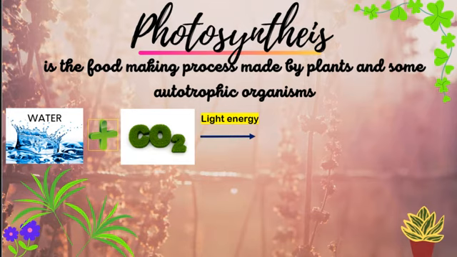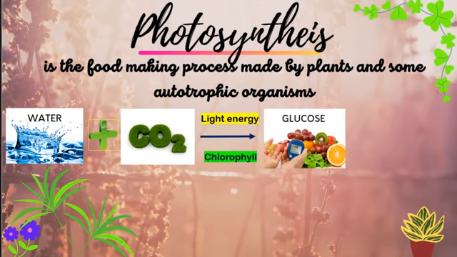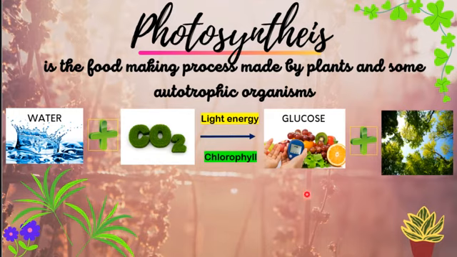When the molecules of water combine with carbon dioxide with the help of light energy and chlorophyll, it produces glucose and oxygen, which are the byproducts of the process. Oxygen is very important in the survival of humans and animals, while glucose will be utilized in several forms by different creatures of the planet.